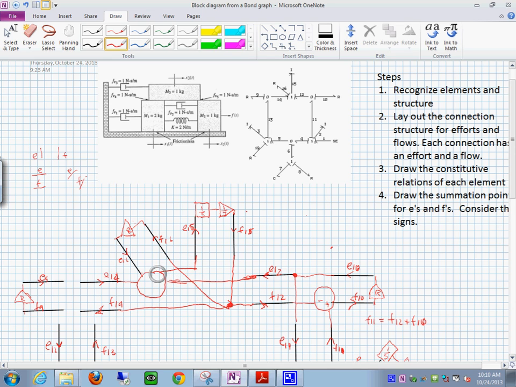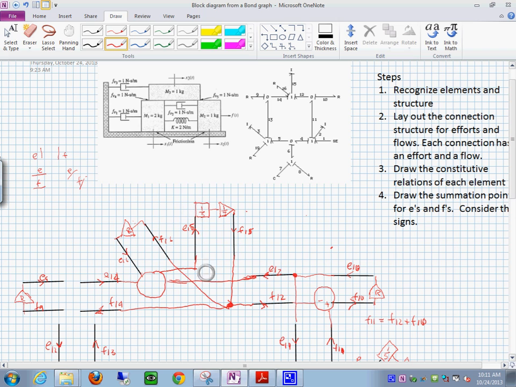Let's see, no, it's not. So we are right here. Sorry, don't want to confuse things. Yeah, we are right here. So E15 is the out.